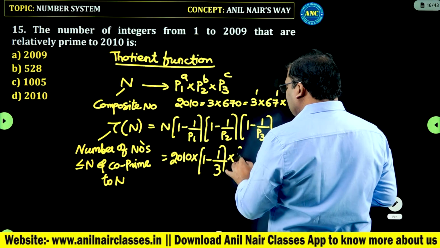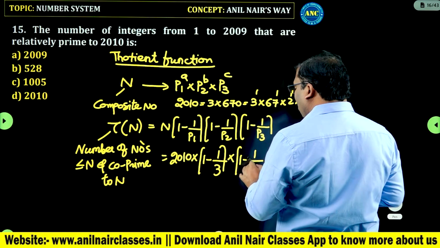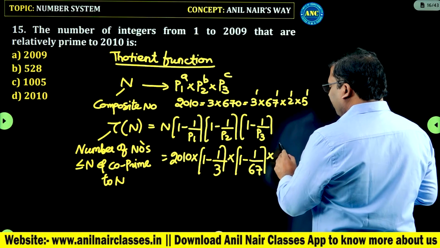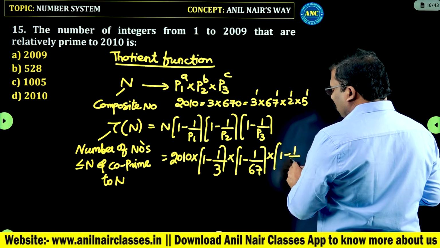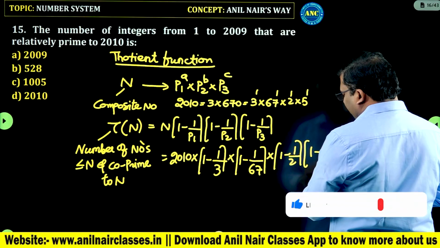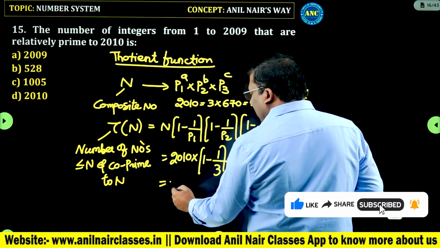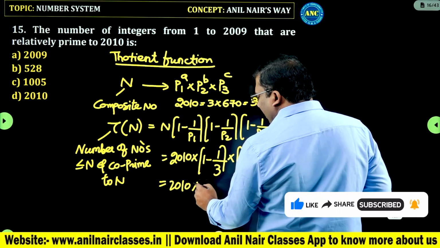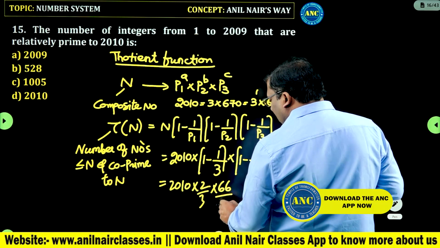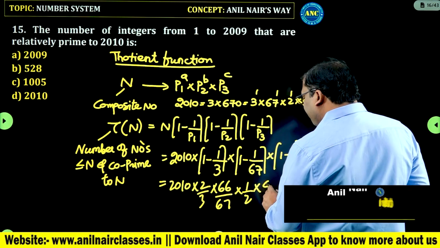Out of 67 consecutive numbers, one number is divisible. How many are not divisible? 1 minus 1 by 67. Here it is 1 minus 1 by 2. Here it is 1 minus 1 by 5. So this will be 2010 into 2 by 3 into 66 by 67 into 1 by 2 into 4 by 5.